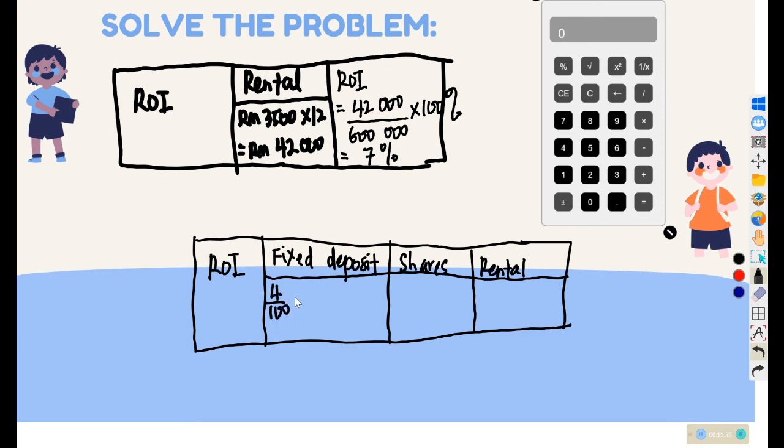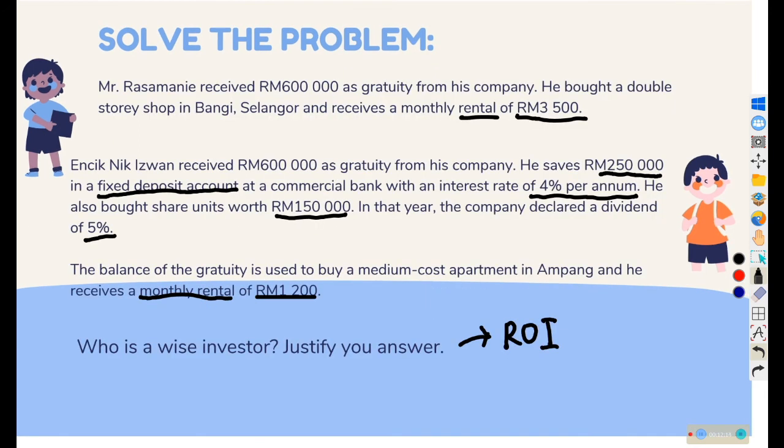So 4 over 100 times 250,000, you will get RM10,000. Shares is 5%. We look back at the question, is it 5%?